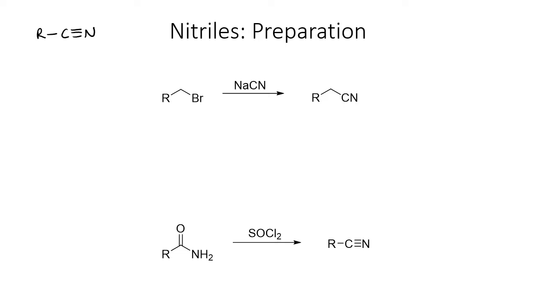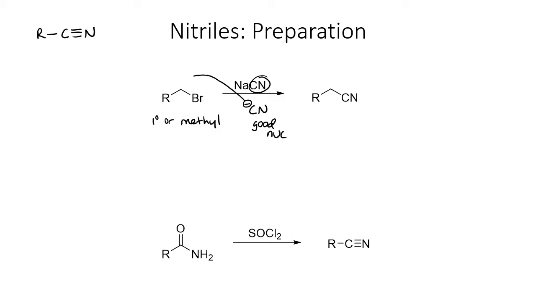So we'll go over two main ways to prepare nitriles. The first is with one of the reactions we learned at the very beginning of organic chemistry, and that's just a basic SN2 reaction. We'll start with an alkyl halide, and we want to use a primary or methyl alkyl halide, and we'll treat it with sodium cyanide. The cyanide ion has a negative charge and is a good nucleophile.